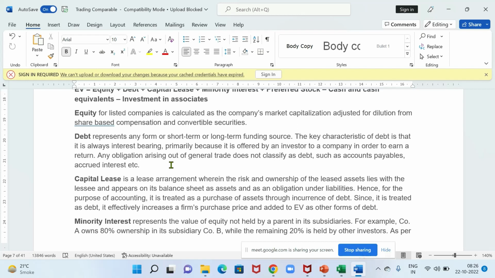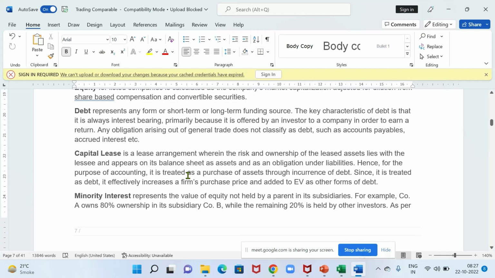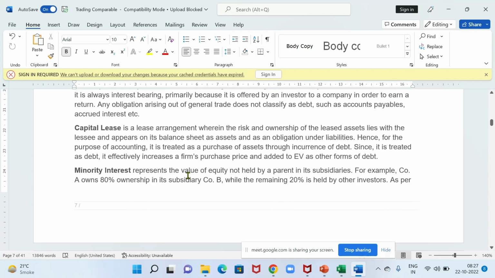We'll treat that as debt. Hence, for the purpose of accounting, it is treated as purchase of assets through incurrence of debt. Since it's treated as debt, it effectively increases a firm's purchase price and is added to the total enterprise value as other form of debt. Just remember that.